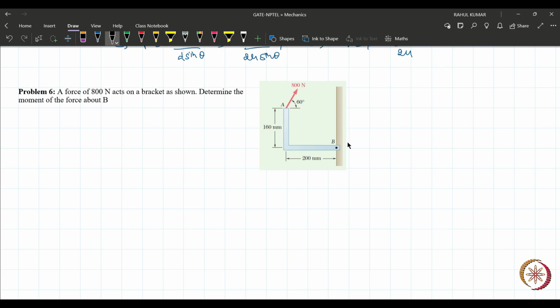Moment about point B. So therefore, 0.2 meter with I cap plus 0.16 J cap. I want to know the answer.